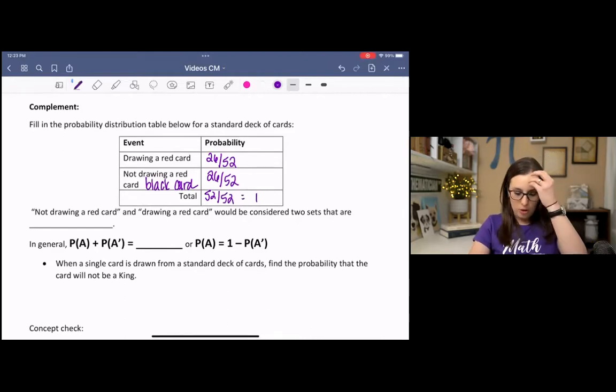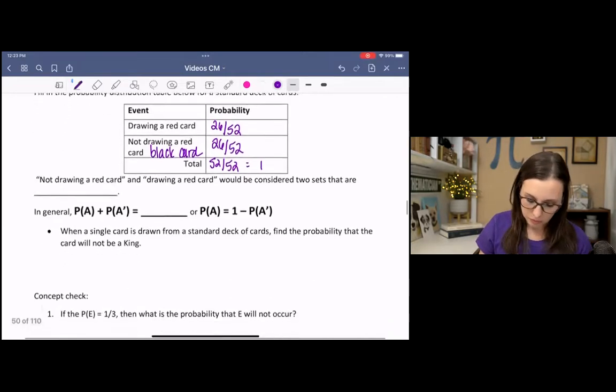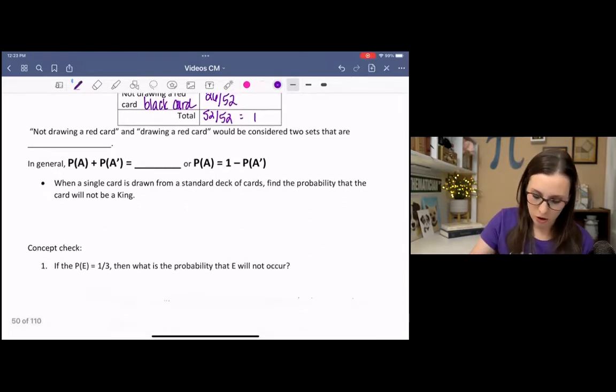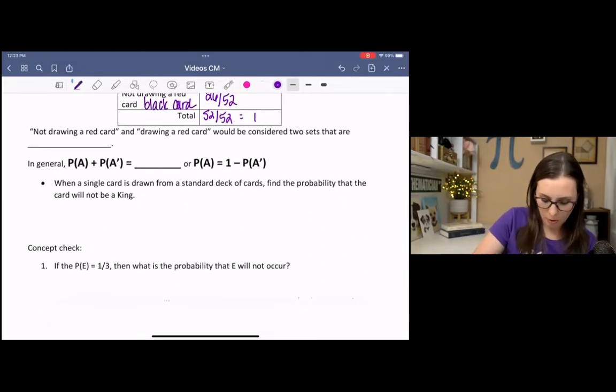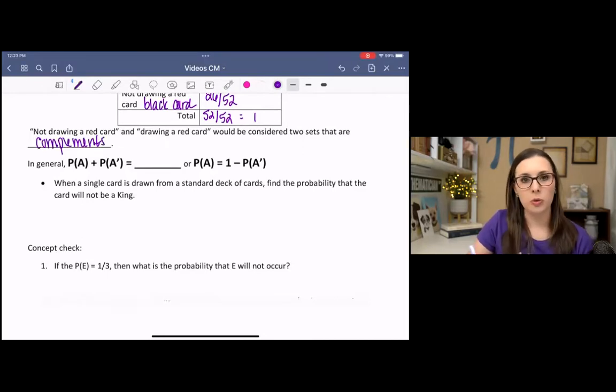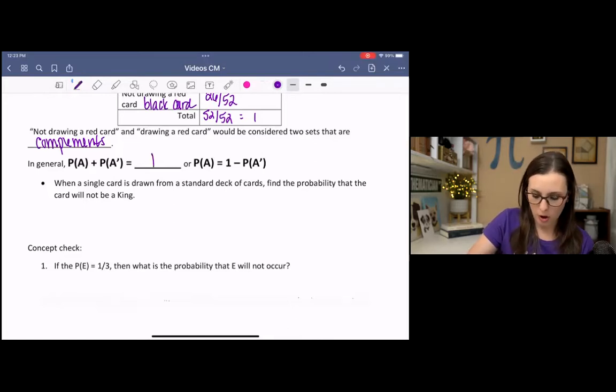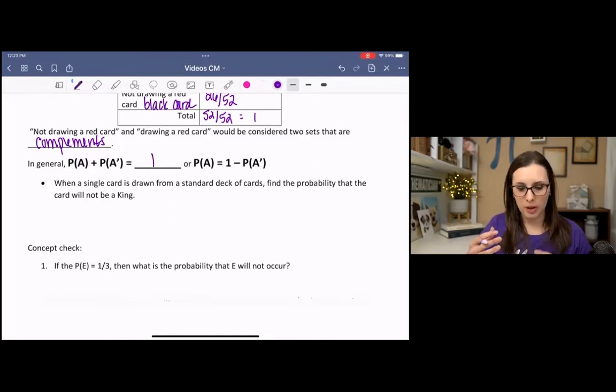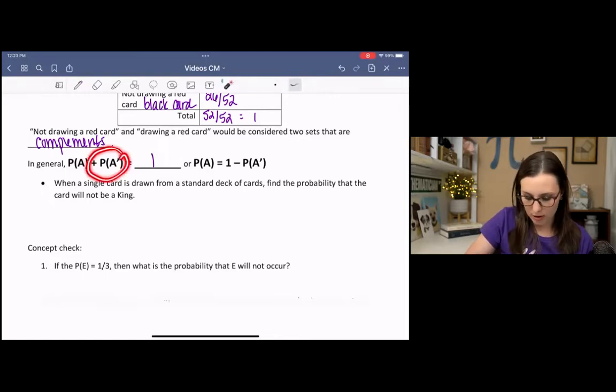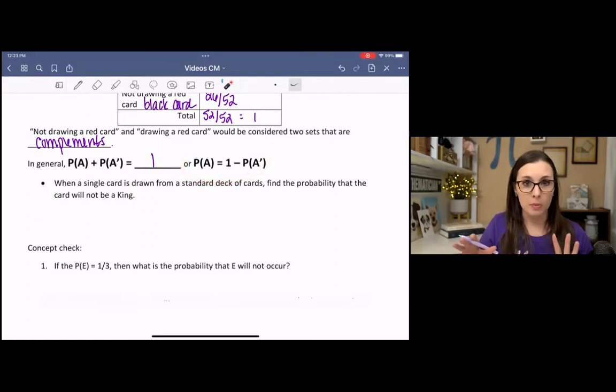This leads us to our rule. Not drawing a red card and drawing a red card are two sets that are complements. In general, the probability of a set A and the probability of its complement will add up to 1. Or we can manipulate that equation, subtract this over, and have this instead. They're the same, one just looks a little different. It depends on the situation which one you would want to use.